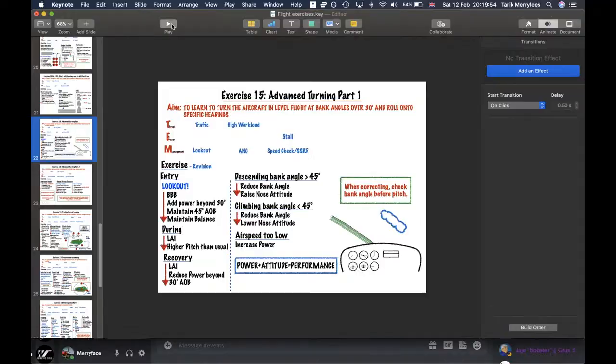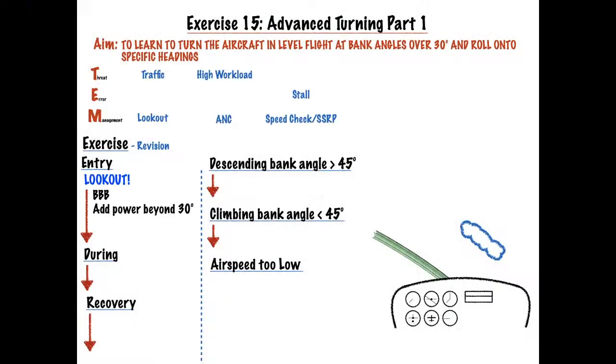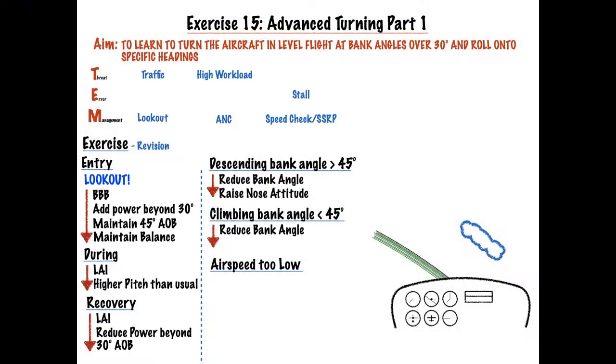There you go. If you notice that you're climbing in a steep turn, reduce the bank angle again and then lower the nose. And then once you've corrected it, go back into the steep turn. It'll just make your life a bit easier in terms of managing the turn and correcting it, okay? So don't feel like you have to maintain the bank angle.